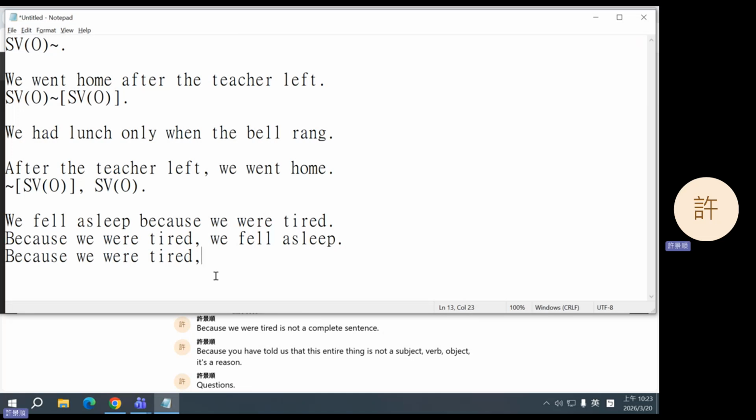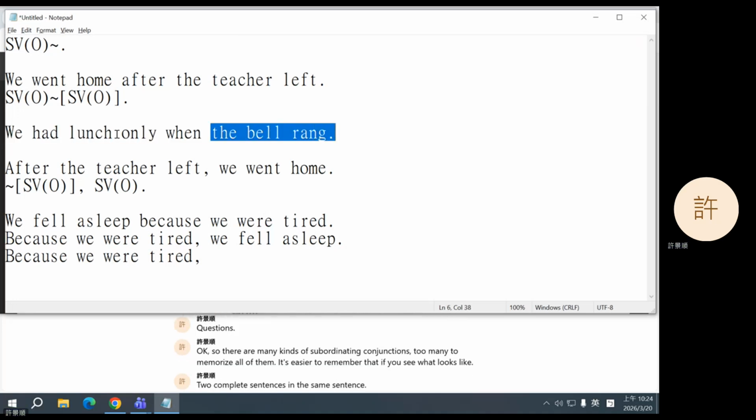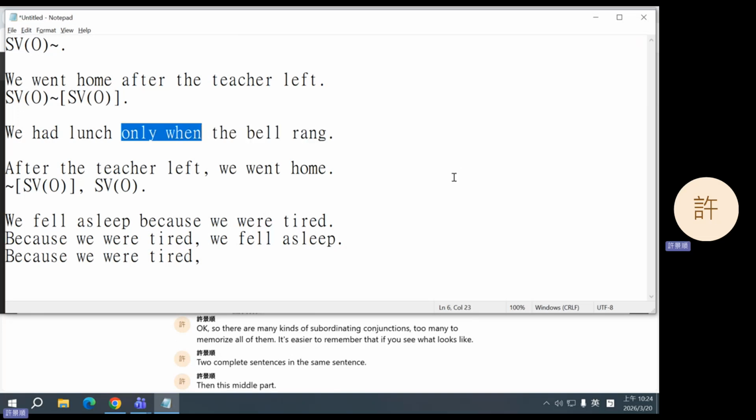Okay, so there are many kinds of subordinating conjunctions, too many to memorize all of them. It's easier to remember that if you see what looks like two complete sentences in the same sentence, then this middle part will often be a conjunction.